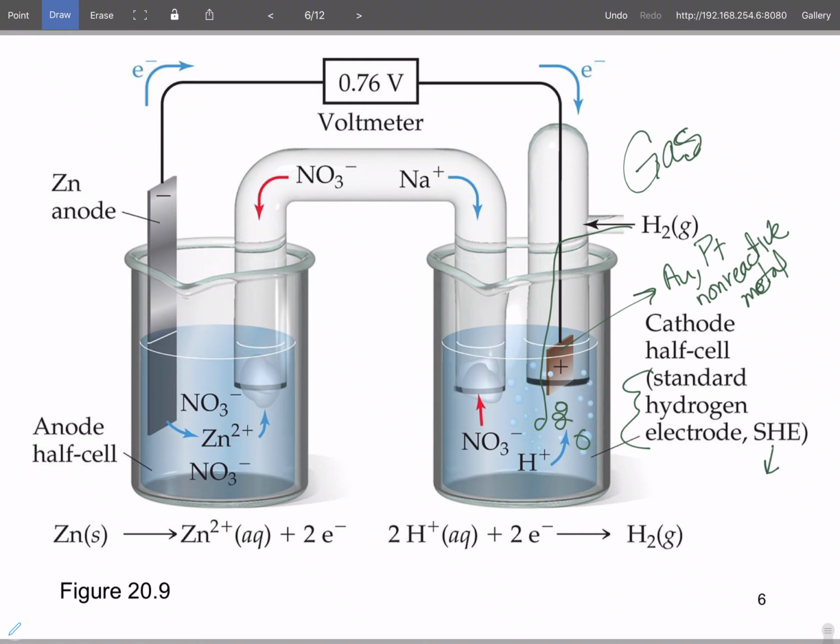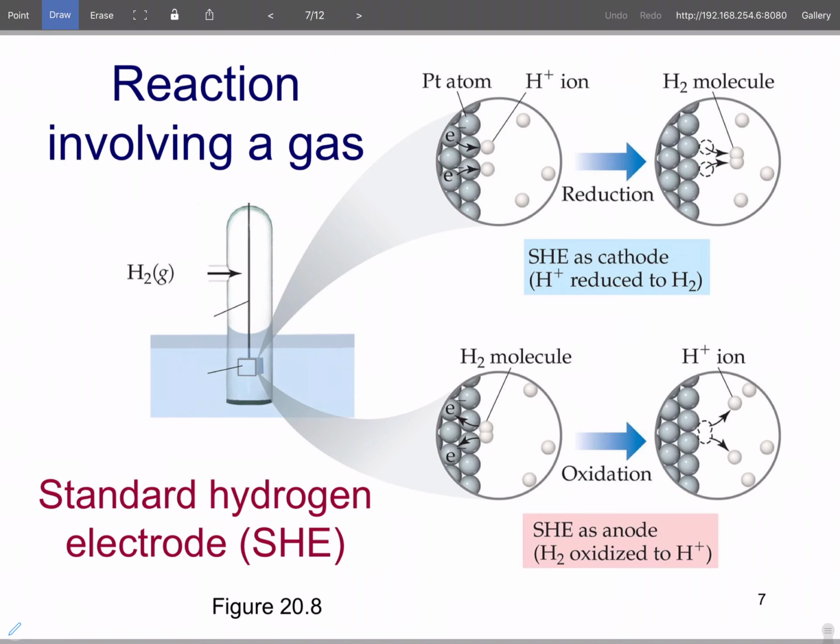But again, this is still the cathode. The other one is still an anode. So if you'll notice, when you write them, the anode is always written first, the cathode is written second. I remember this because it's written in alphabetical order, A, B, C. So these are actual cells.